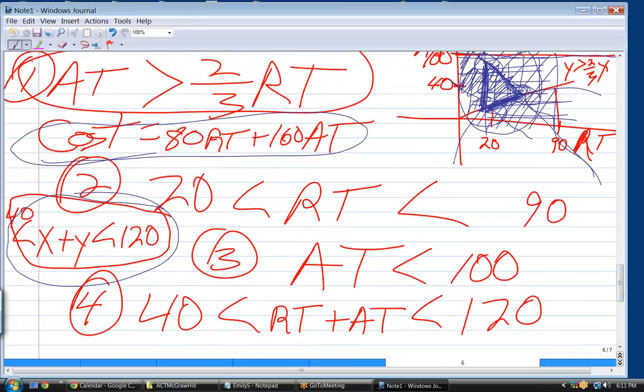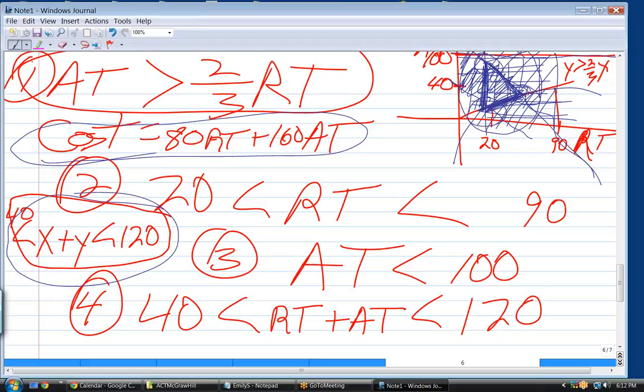Always remember the objective function is whatever function is to be either minimized or maximized.